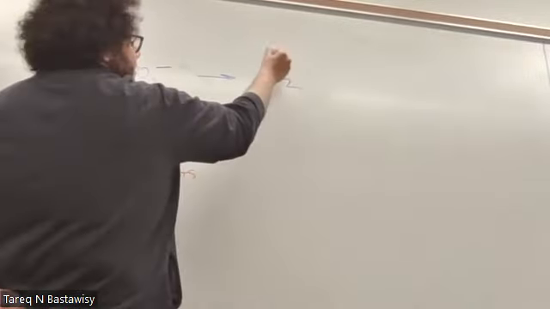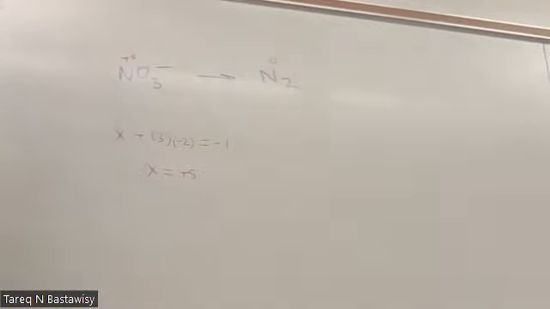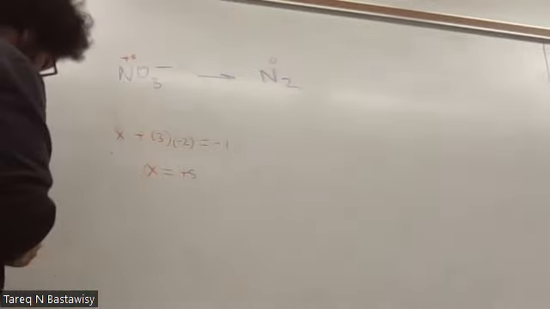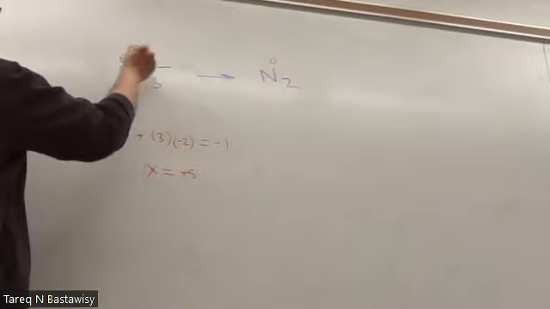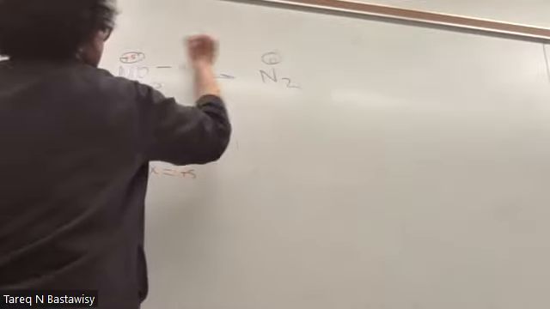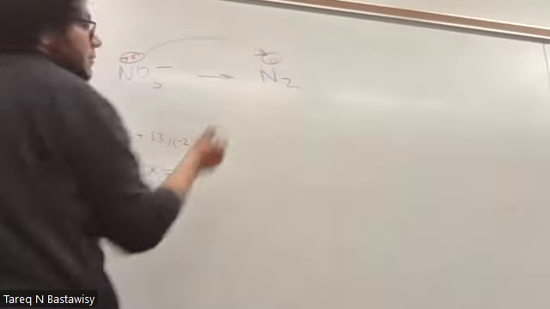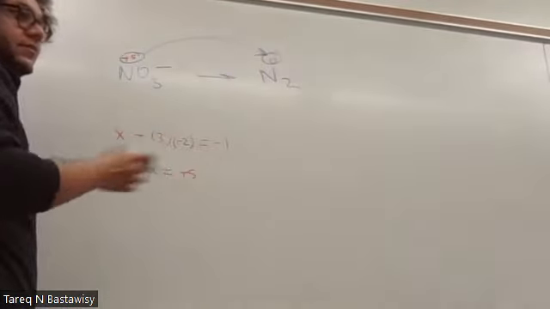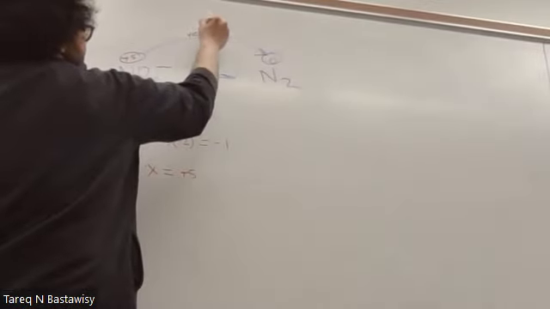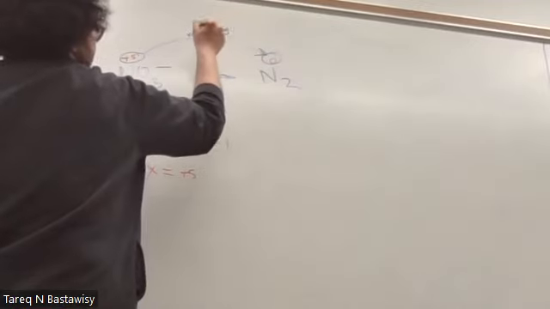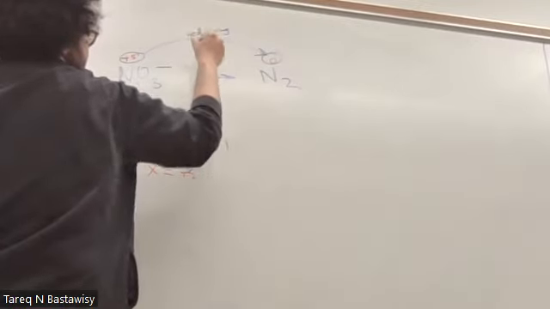0. What's happening here? A bit of a change of flavor, right? So this here is reducing because it's becoming more negative or less positive. Does that make it an oxidizing or reducing agent?